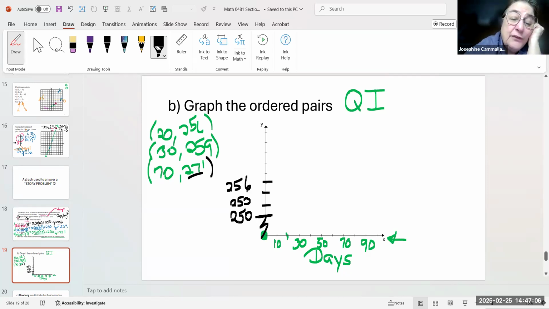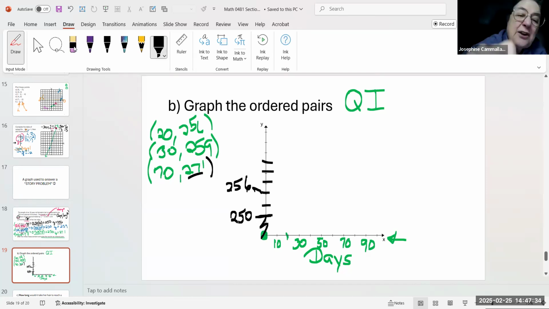This is going to be 259. I'm going to put 259 here because I'm running out of space. I'm going to end up having to skip some because my writing is too big. So I'm going to call that 256.